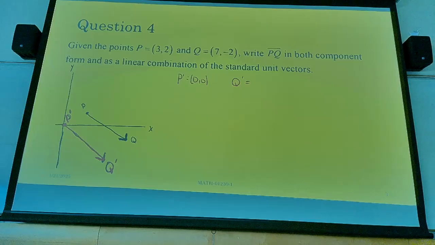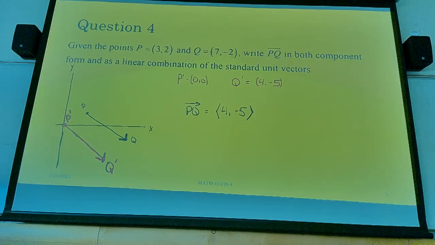So what's Q prime? 4 comma negative 4. A vector in standard form can be written in component form as just the terminal point, in this case, Q prime.